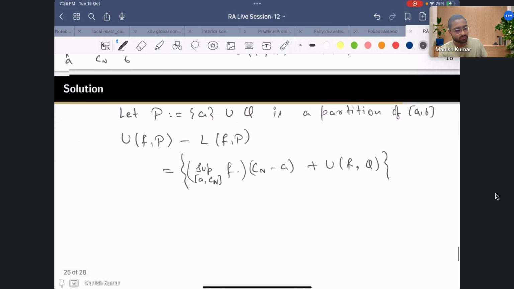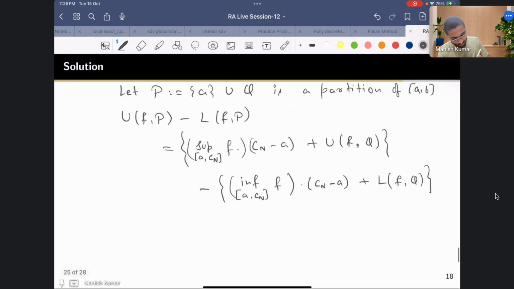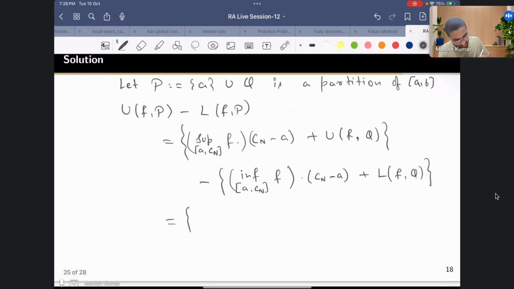Okay. Now minus for this one, you will have infimum over A comma Cn of F multiplied with Cn minus A. And the rest would be L of F comma Q. Okay, now if you just add this up, what you get is the supremum minus infimum, and then you take Cn minus A common.